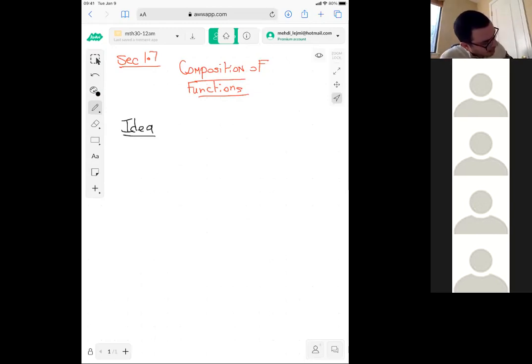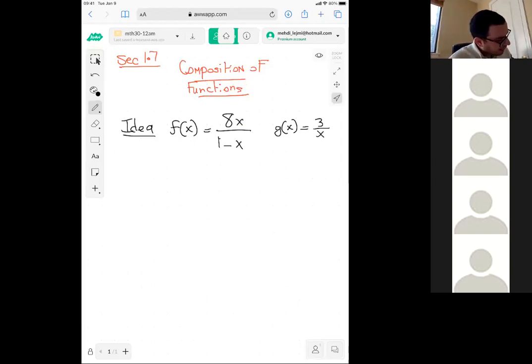Let's say f of x is 8x over 1 minus x, right? And then I think our g of x was 3 over x. Okay, so we have two different functions, f and g, and we want to compute f composed with g of x.